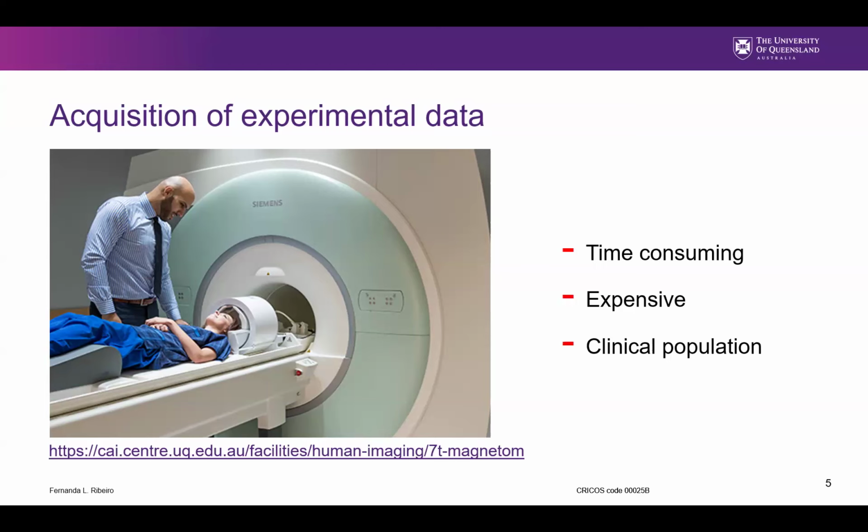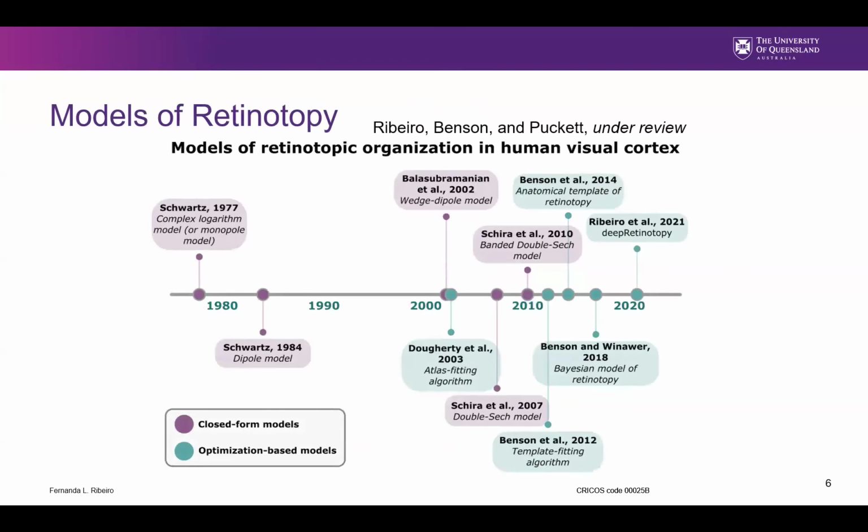So, there was a really great effort in the literature from researchers trying to propose an alternative method to that. And these alternative methods are essentially models. And these models take advantage of this key idea that the representation of the visual field has a fixed location in the visual cortex.